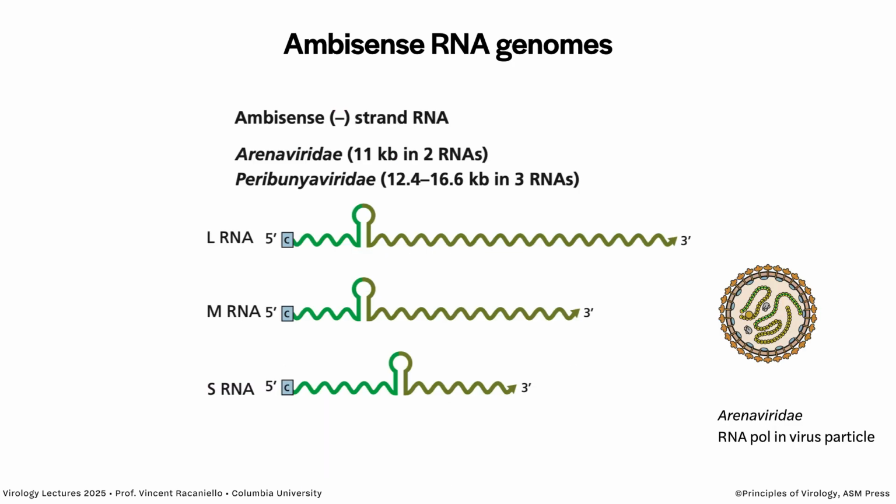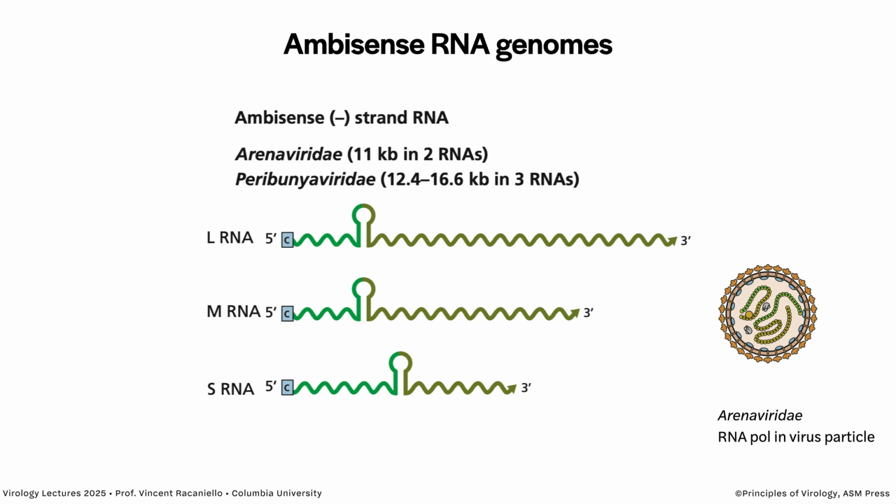There are some genomes called Ambisense, very interesting, because their RNAs have a little bit of plus and a little bit of minus polarity. And Lassa virus is an example of that. It has 3 RNAs, single-stranded RNAs with a little bit of plus and a little bit of minus, as you can see here.